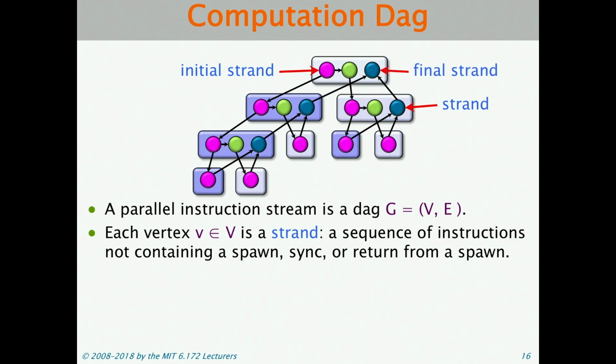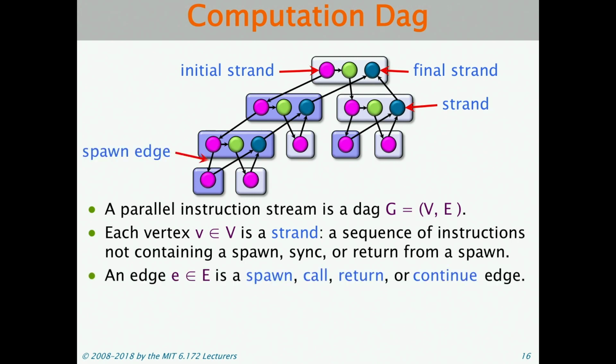A strand is a sequence of instructions not containing a spawn, a sync, or a return from a spawn. So the instructions inside a strand are executed sequentially. There's no parallelism within a strand. We call the first strand the initial strand. So this is the magenta node up here. The last strand, we call the final strand, and everything else, we just call a strand.